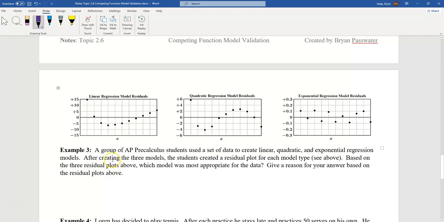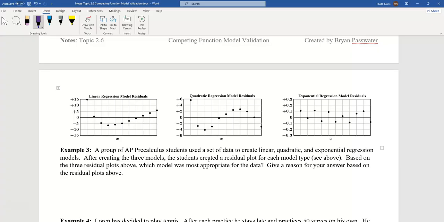Okay, so a group of AP Pre-Calculus students, in example 3, used a set of data to create linear, quadratic, and exponential regression models. After creating the 3 models, the students created a residual plot for each model type. See above. Based on the 3 residual plots above, which model was most appropriate for the data?